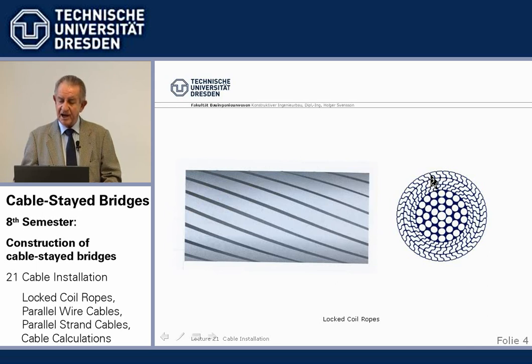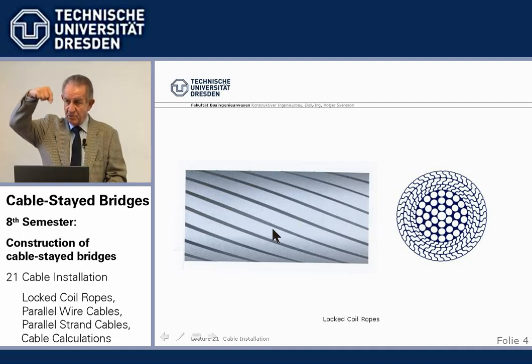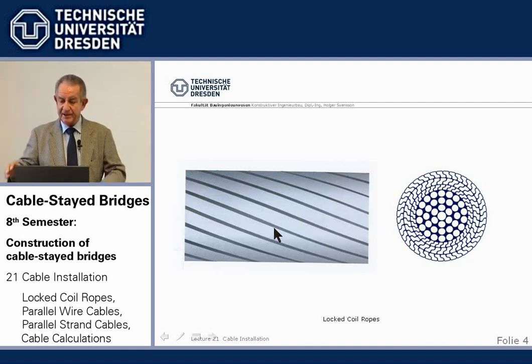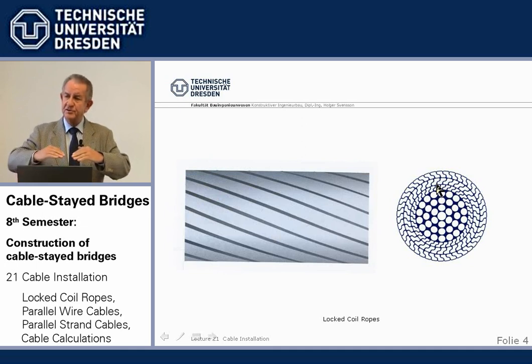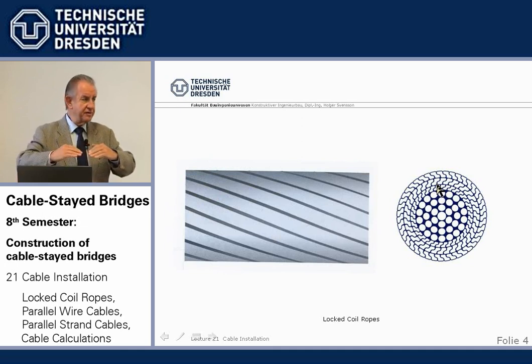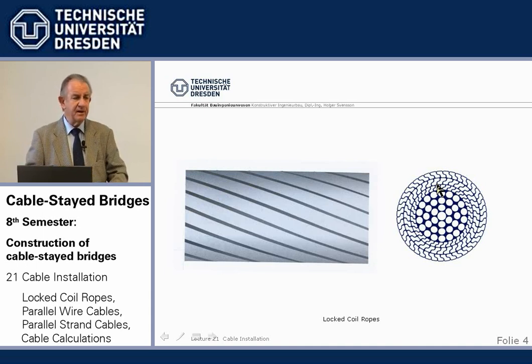Now, the outside Z-shaped wires are helically wound, and if we pull at them, they lock into one another and produce a closed surface which doesn't let in any water, so they are just painted there.